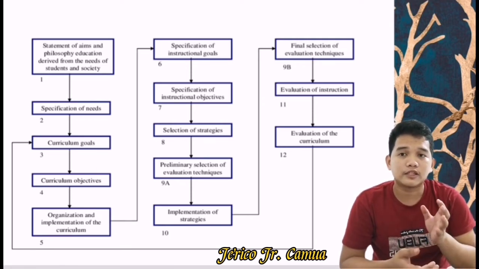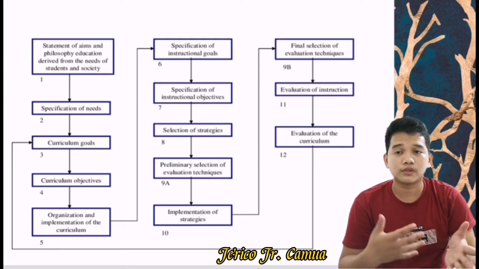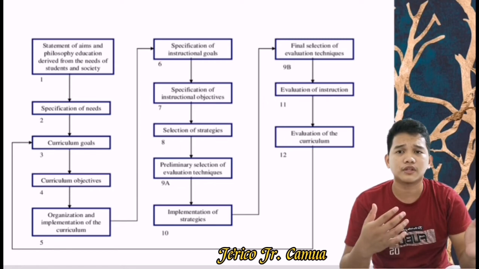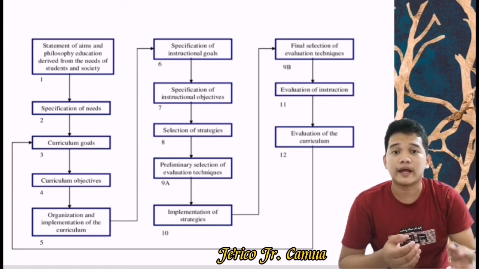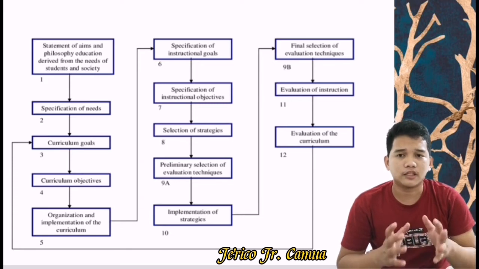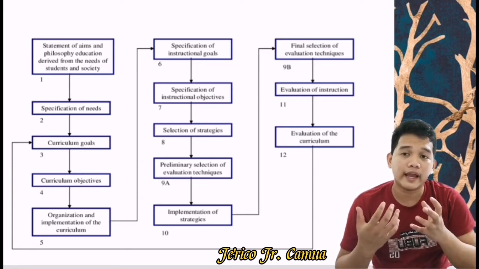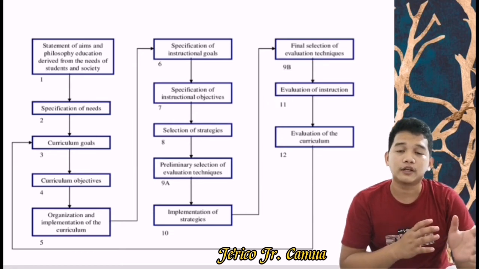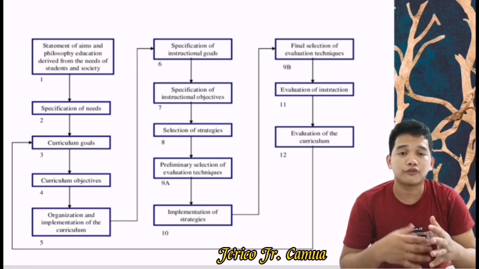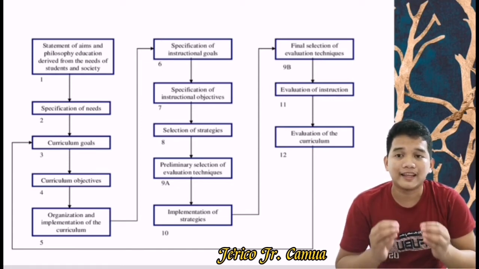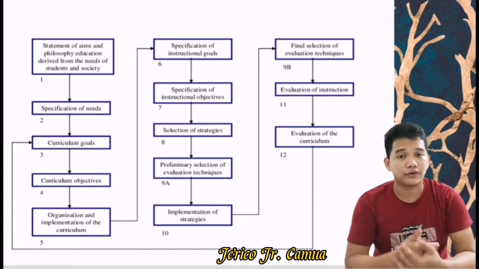This model is based on goals, objectives, curriculum designs, implementations, also the evaluation, and most importantly, the revision. This model takes into account not only the source of the curriculum, but also the evaluation and the instruction of the curriculum.